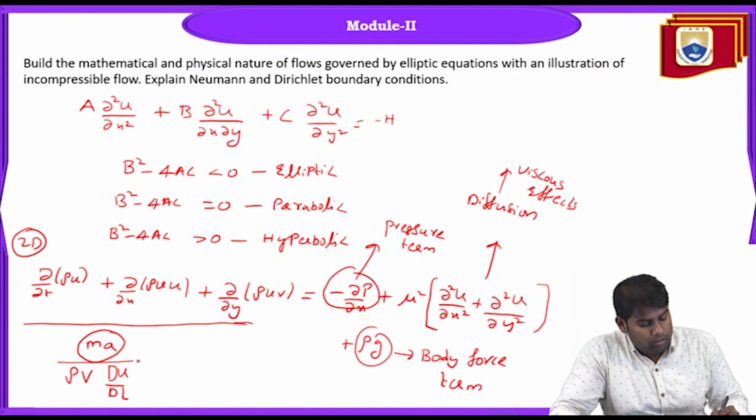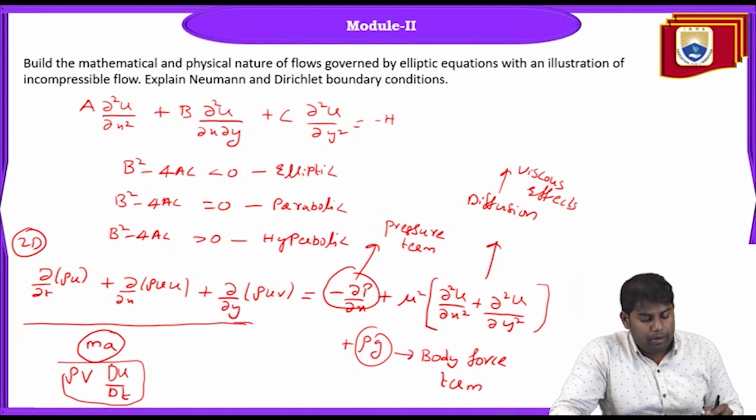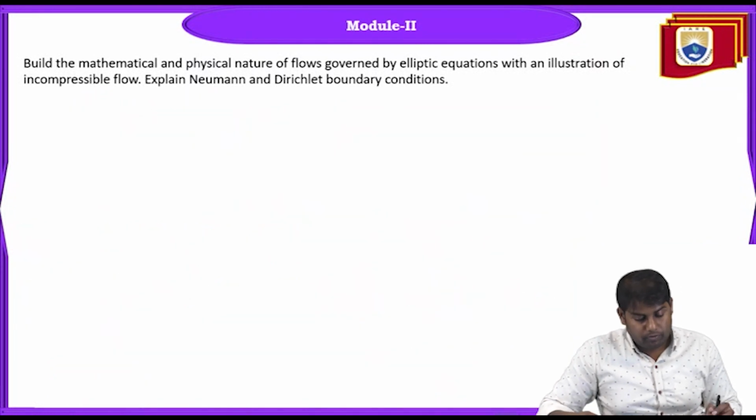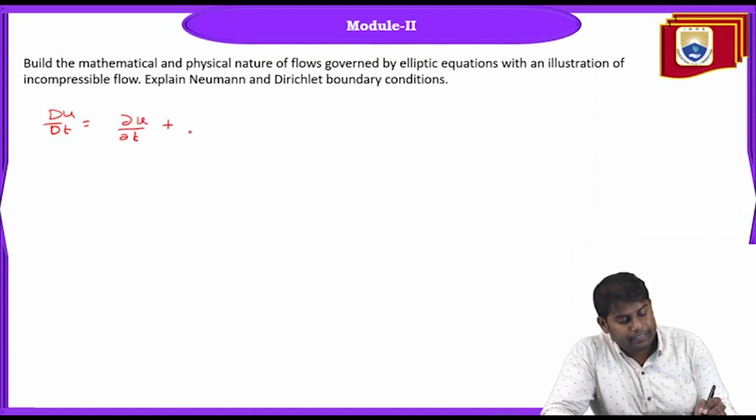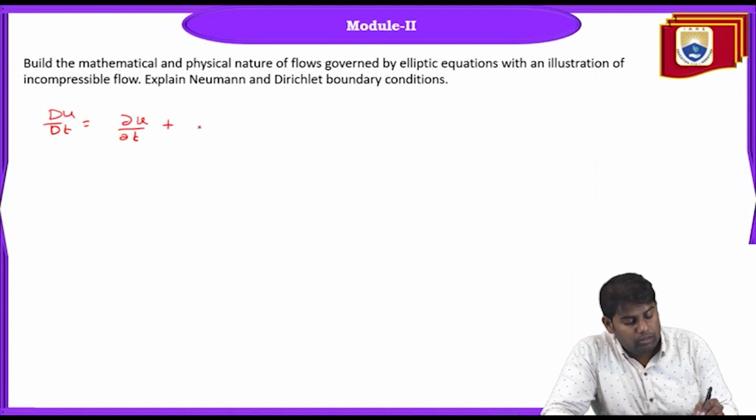This capital D by Dt is the substantial derivative. Capital Du by Dt is equal to the local derivative, which is dou by dou t, plus the convective derivative, which is V dot del into u.